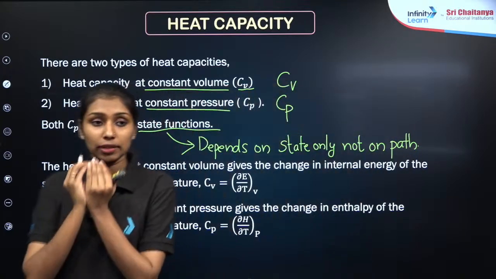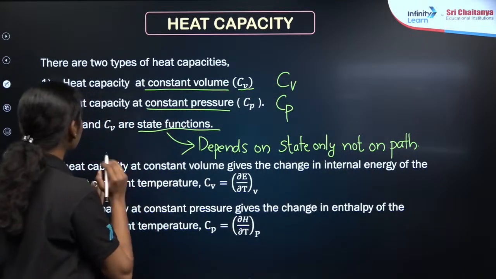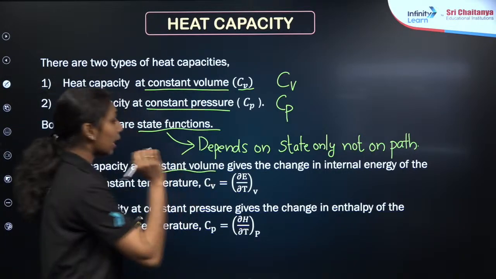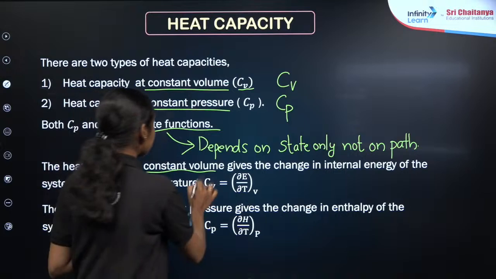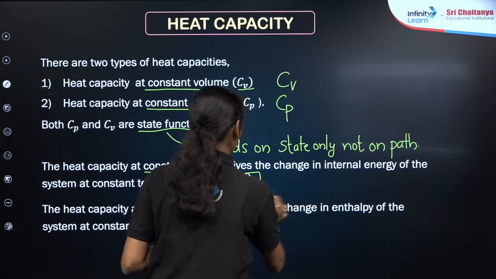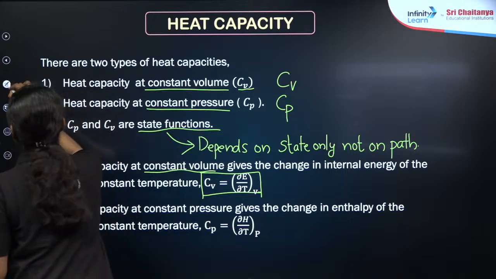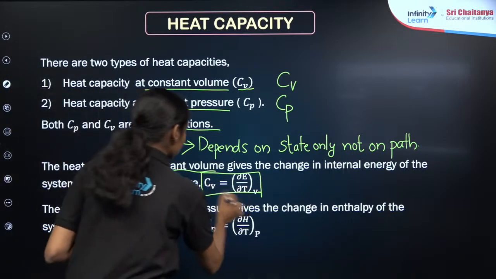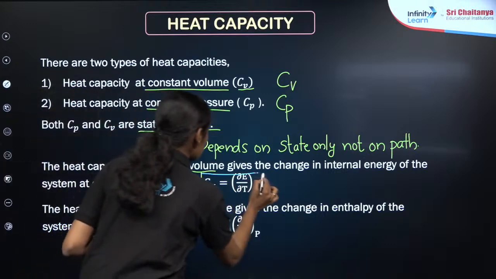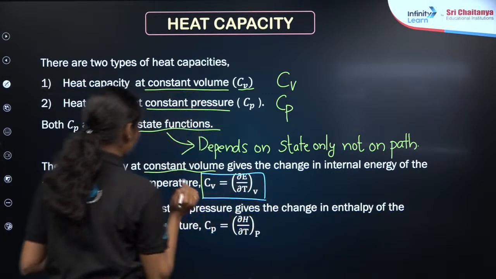The very important point you have to note about the heat capacity is that the heat capacity at constant volume can be defined as the change in internal energy of the system at constant temperature, right?